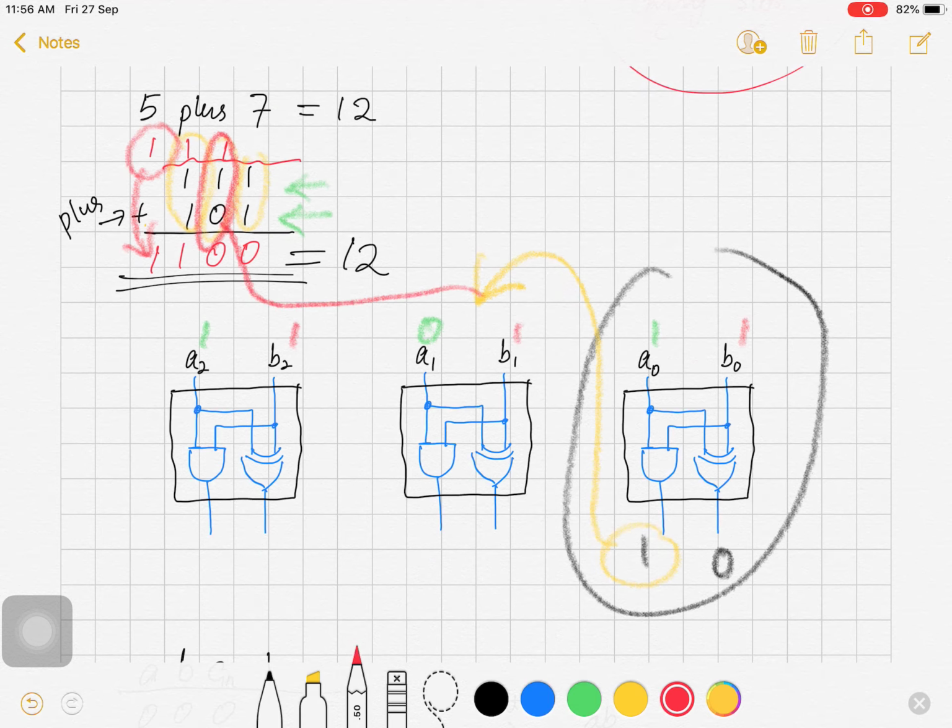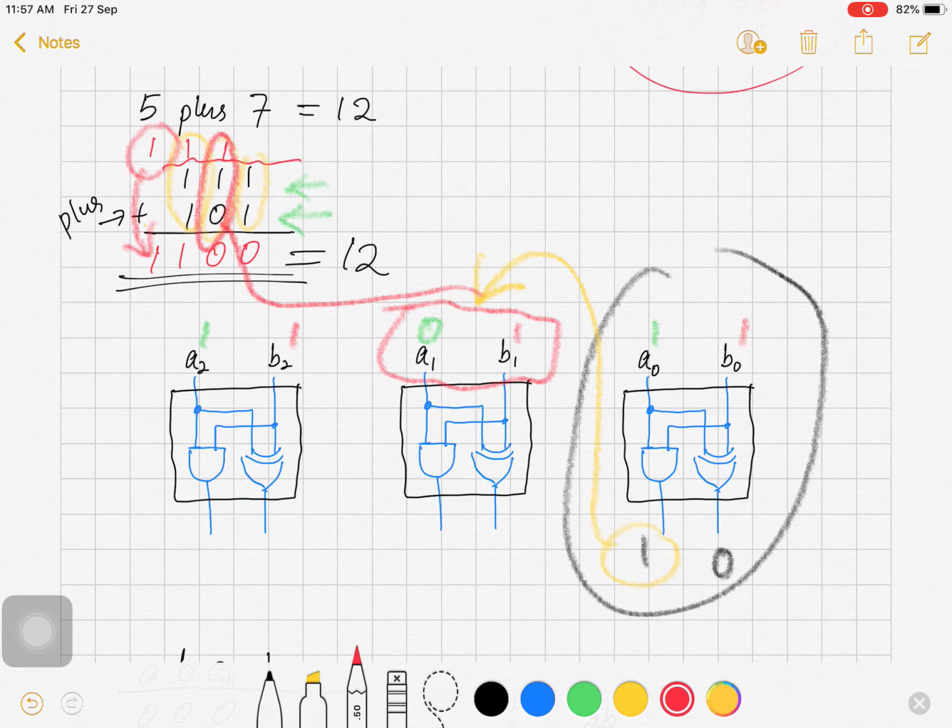But this is impossible because the input is already full. This input is already full, occupied by A1 and B1. Thus, we need to have an improved adder which can afford 3 inputs, namely A, B, and carry in.